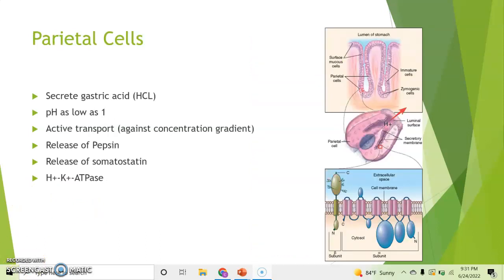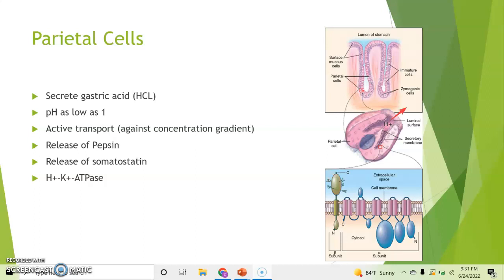Okay, so this is my slide on parietal cells, and what parietal cells do is they secrete acid into the lumen of the stomach. They secrete hydrochloric acid, which is a very strong acid, into the stomach. This can make the pH of the stomach extremely low, as low as a 1.